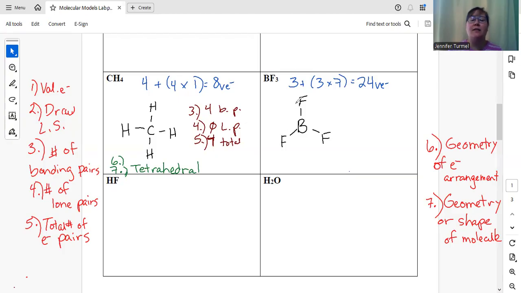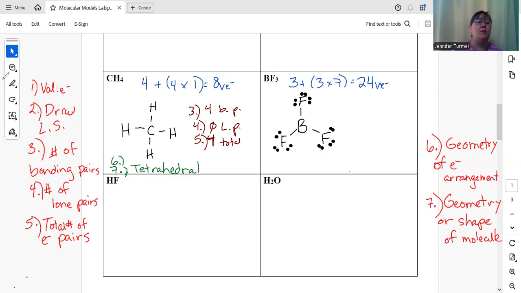That's because it just has those 3 little electrons right there.